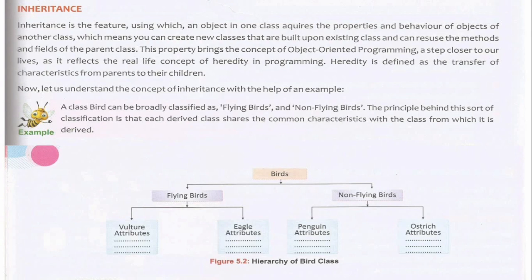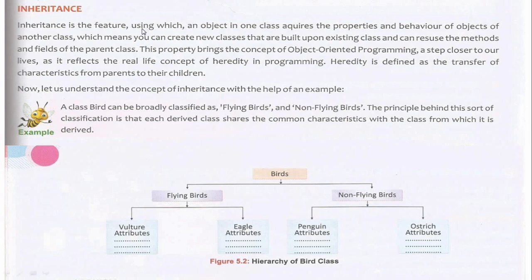In the same manner, in object oriented programming, now we talk about real life scenarios only. So inheritance is a feature using which an object, now you know what an object is. Those who don't know, you can refer to my previous lecture, part 2. So first watch part 2 and then come to this part.